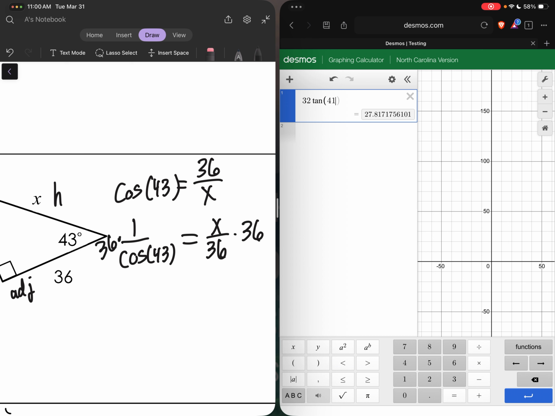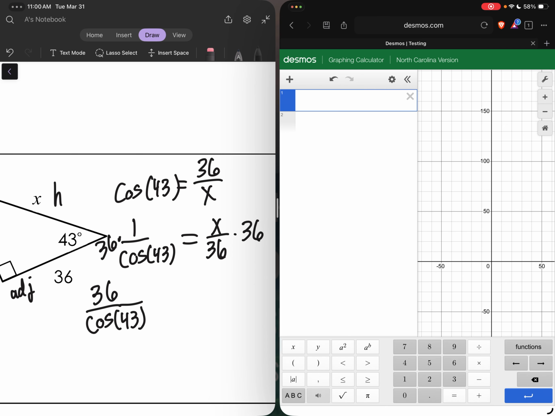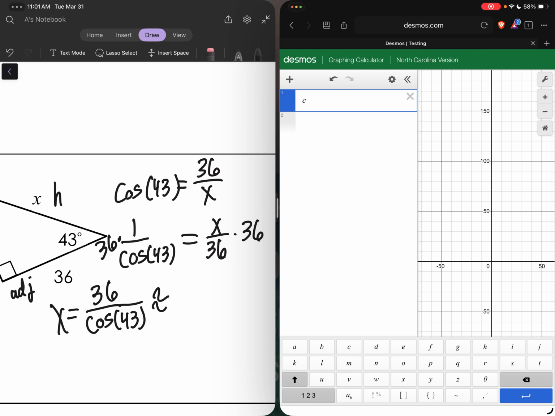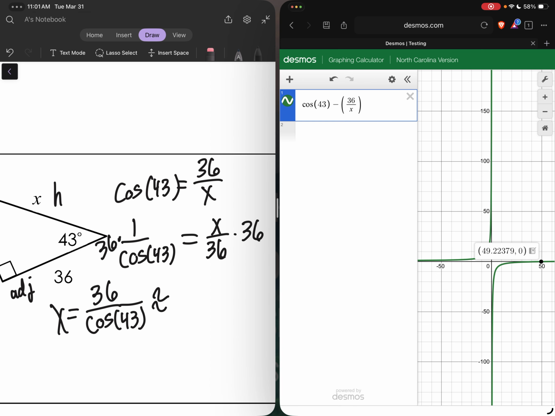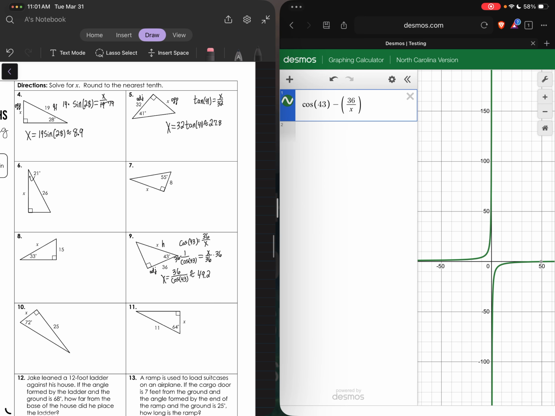And if that's not the way you would do it, that's fine. Make sure you're going to be correct though. 36 over cosine of 43. Now, I can type that in just the way it's written to get x. I do want to show you can also type in cosine 43 equals 36 over x, and I can still get the answer 49.2. So you have options is what I'm trying to show you.